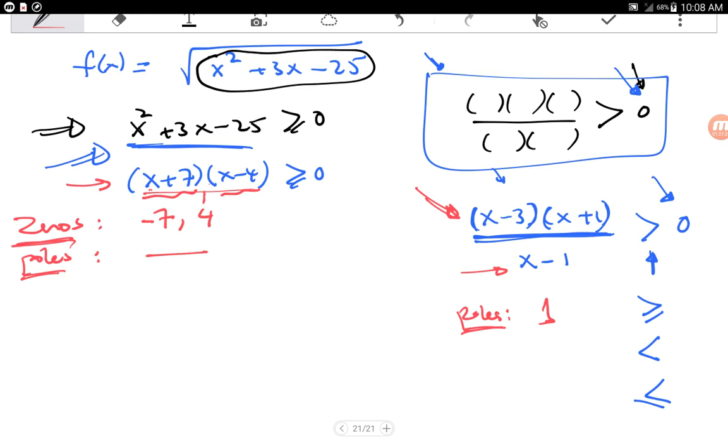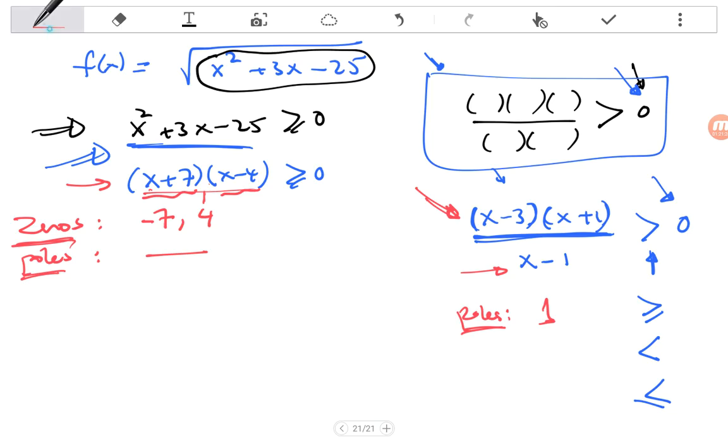Okay? So how to solve that inequality? We put the values of the zeros and the poles on the number line. So we'll have here negative 7 and 4. These are the zeros.